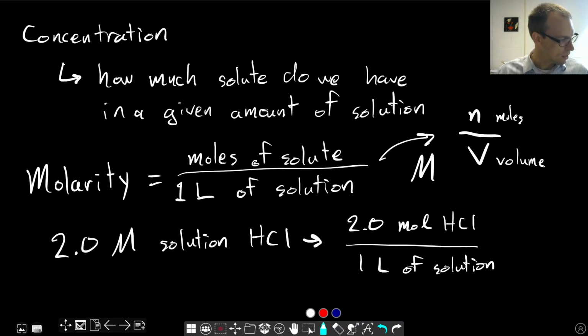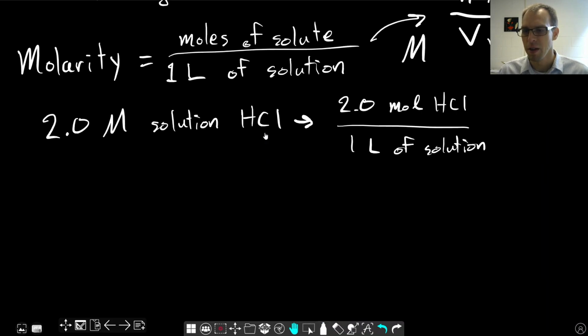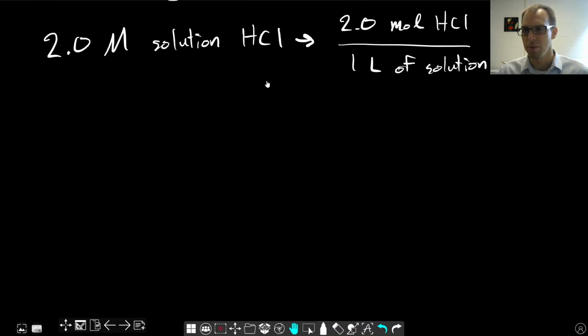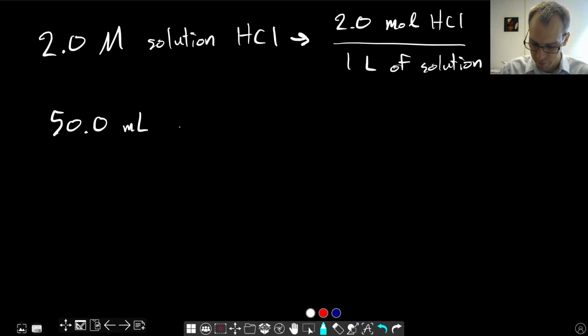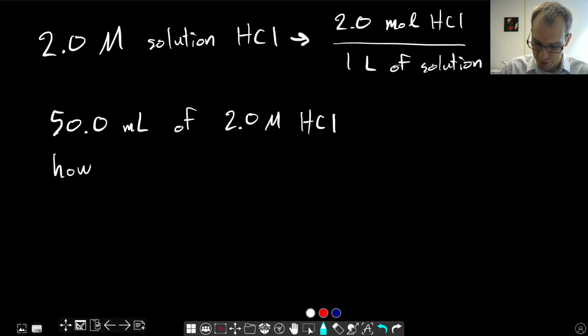Let's look at an example of how we can use these along with volumes to get to numbers of moles, similar to how we use molar masses. Let's stick with our 2 molar solution of hydrochloric acid and ask ourselves, if I had 50 milliliters of this 2.0 molar solution of HCl, how many moles of HCl do we have?